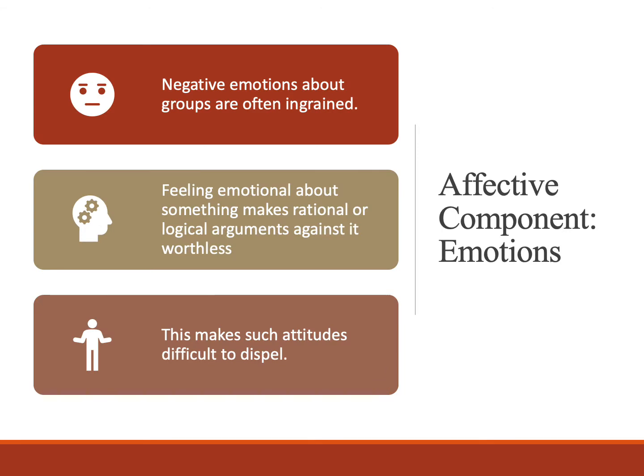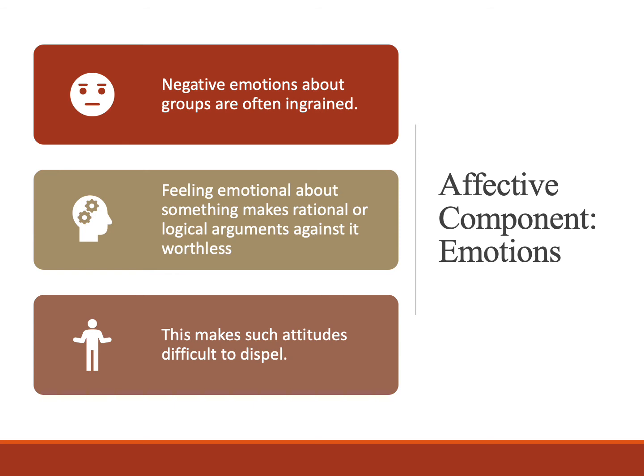So let's talk about the second component of the attitude of prejudice. Let's talk about the emotions associated with prejudice, okay? So we know that negative emotions about groups are often ingrained, which means they're just there and we have to figure out what to do about them.